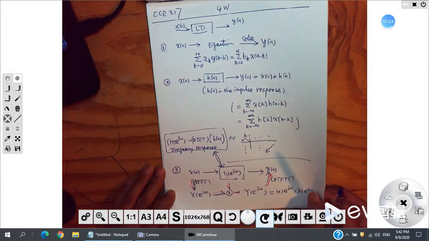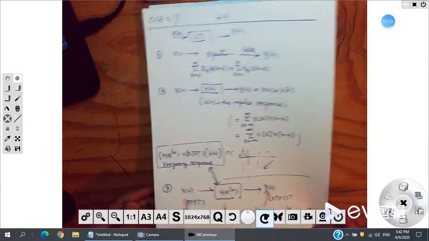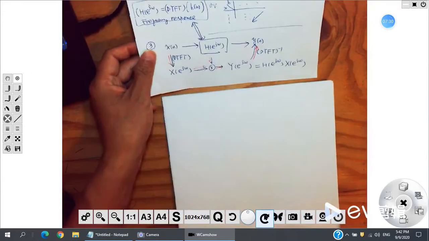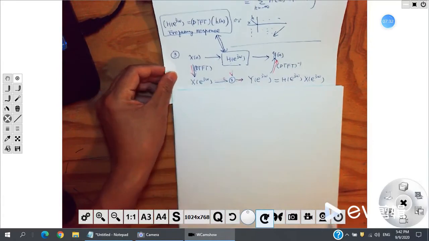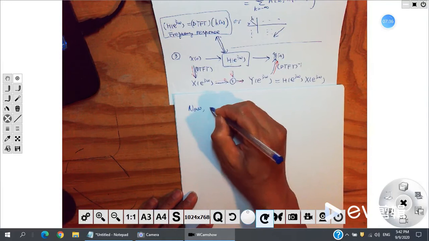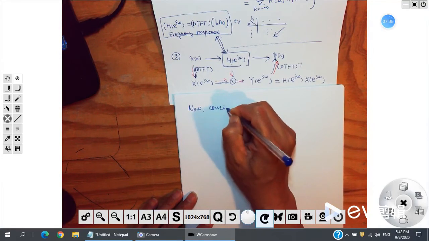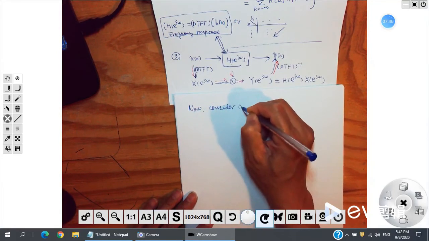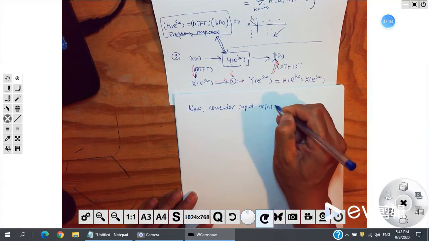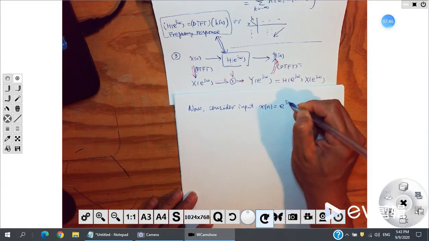Now we consider a special case. If the input is a sinusoid, what will happen? Consider the input x of n, which is e to the j omega 0 n.